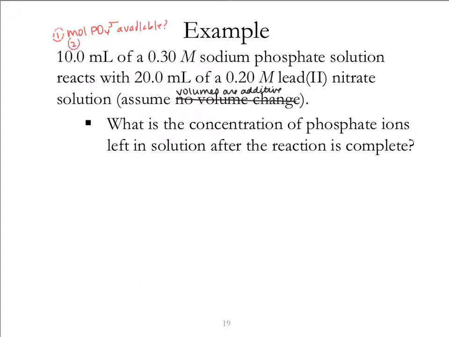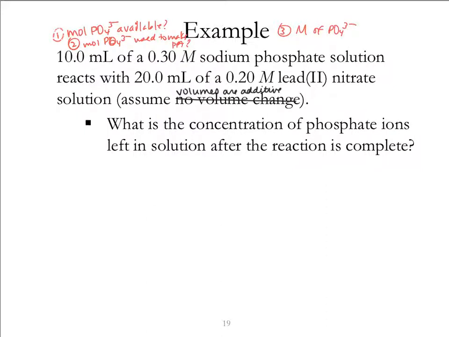We then need to figure out how many moles of phosphate are used to make the precipitate. And then from that information, based on what's left, we have to calculate the concentration of PO4 left.